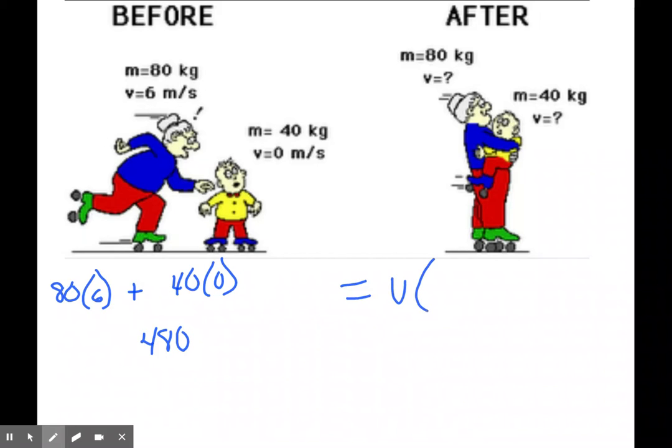So we can do velocity times their masses added together. So if this side equals 480, this side has to equal 480 as well. So if we've got V times 120, we can say their new velocity is going to be 480 divided by 120. So their velocity afterwards is 4.